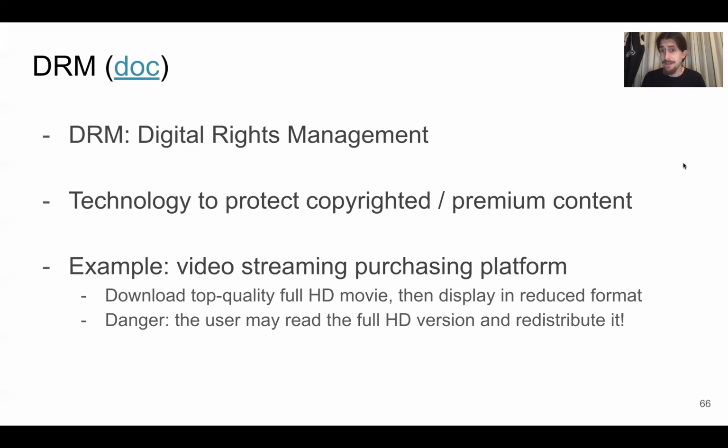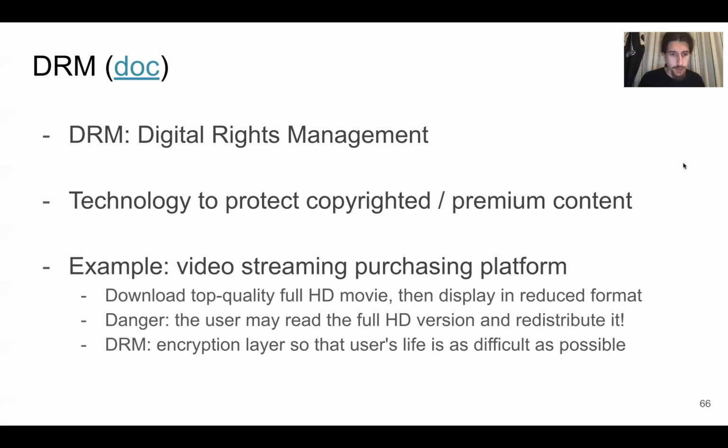But the danger that Netflix has is that the user would actually download this content, and now has access to the full, high definition version and distributes it around, which is very bad for Netflix, right? So they use DRM so that there is an encryption layer, and the content is shipped encrypted to the phone, and then it's decrypted through the DRM system, and this system actually runs in the trusted world so that the user cannot really tamper with it.